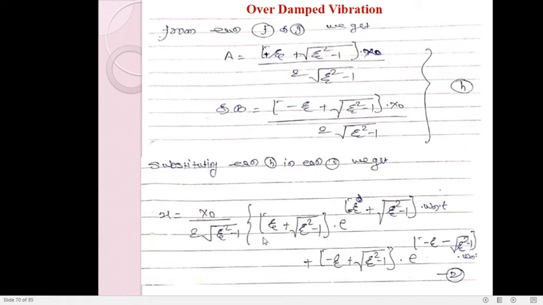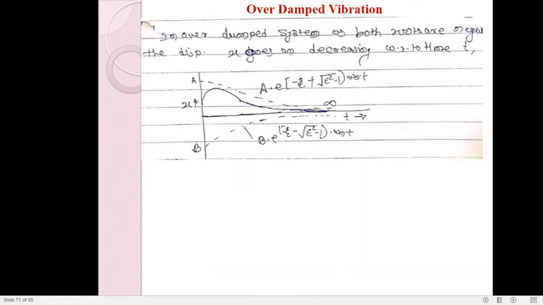In the bracket we have plus xi plus square root of xi square minus 1 into e to the power minus xi plus square root of xi square minus 1 into omega n into t, plus, in the bracket, minus xi plus square root of xi square minus 1 into e to the power minus xi minus square root of xi square minus 1, close this bracket, into omega n into t. Just what we have done, we have put the values from equation H, that is a and b, in our equation 1, and we have just rearranged that equation. So we could write the equation in this way.